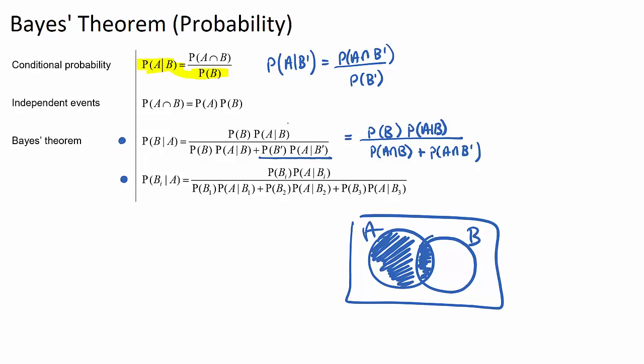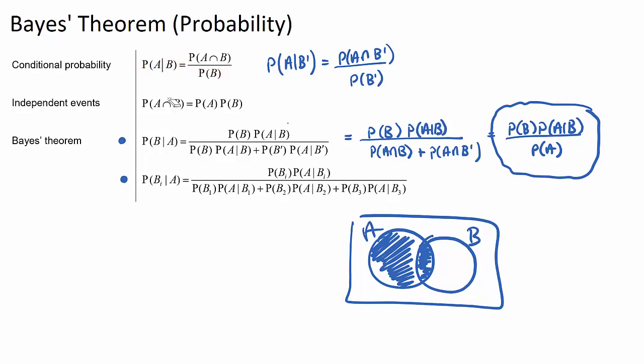So this denominator is just the probability of A. So it's the probability of B multiplied by the probability of A given B, all over the probability of A. This is sometimes what you might see in a textbook as Bayes' theorem, the simplified version of this here.